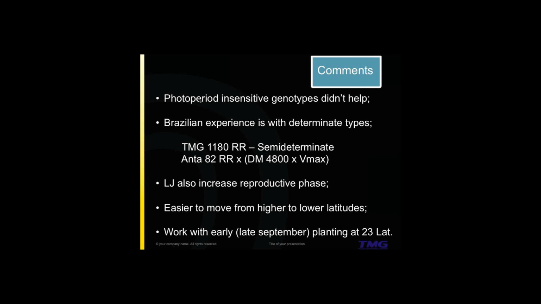Essentially what happened was that with these insensitive genotypes, the maturity group was too short, so we were not able to rely on these sorts of genotypes to do this adaptation.